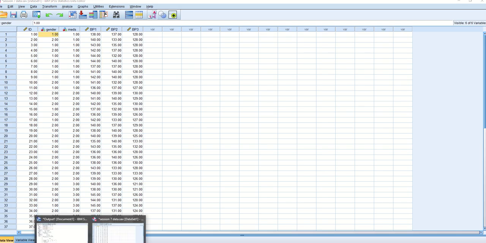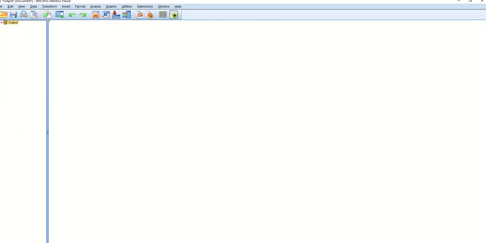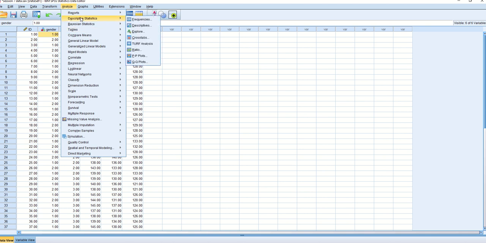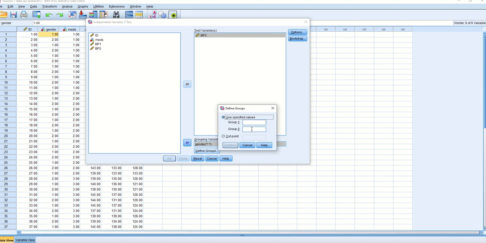So first, I'm going to clear my output so that things are clear. Second, I'm going to start with an independent t-test, something that we already did before. So compare means, go to independent t-test, throw in beta 3 as your test variable and gender as your grouping variable. Remember, you need to define it: it's 1 and 2.